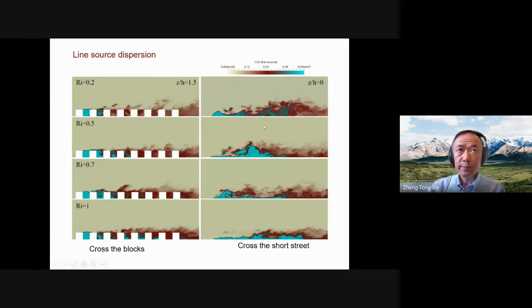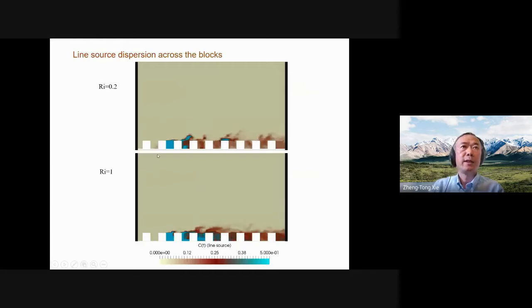Clearly, if you compare the first one against the bottom one, the picture is quite different. Remember, for the four cases, we have the same turbulence level of TKE at the inlet.